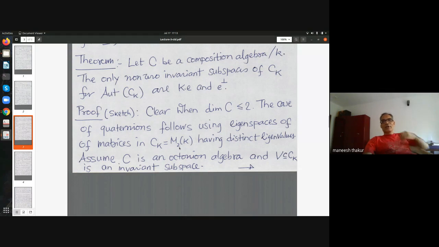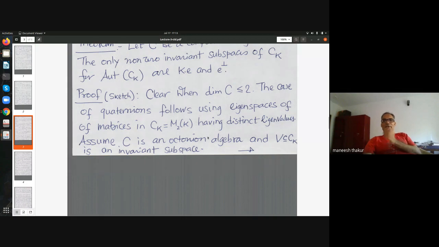I mean, quaternions is just M2K for us. I want to look at invariant subspaces here under the whole automorphism group. For that, we use particular matrices which have distinct eigenvalues and conclude the result from there. So this is really an exercise, the 2 by 2 matrix case. The octonion case is what I will do. I can do this if people want. We can do this in tutorial.